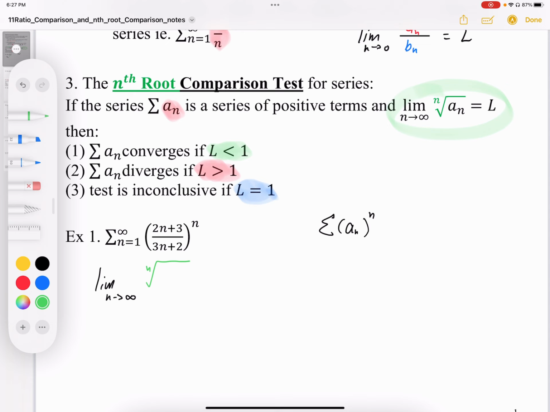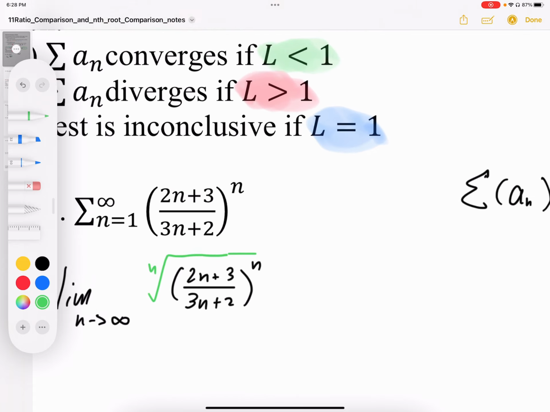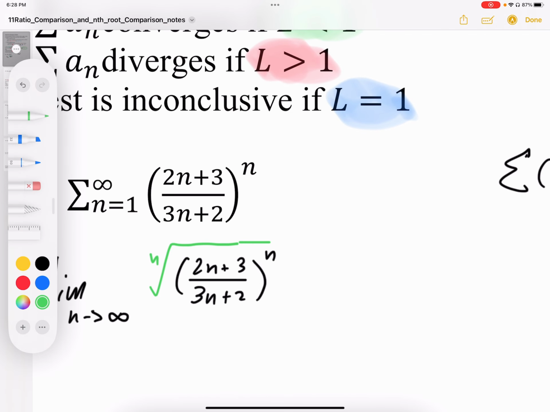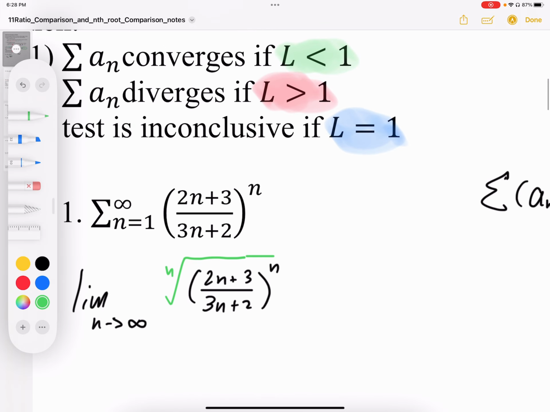of this, 2n plus 3 over 3n plus 2, to the power of n. You can see what is going to happen is that conveniently, the n's are going to cancel out. We have an nth root and an nth power, so they conveniently cancel out.